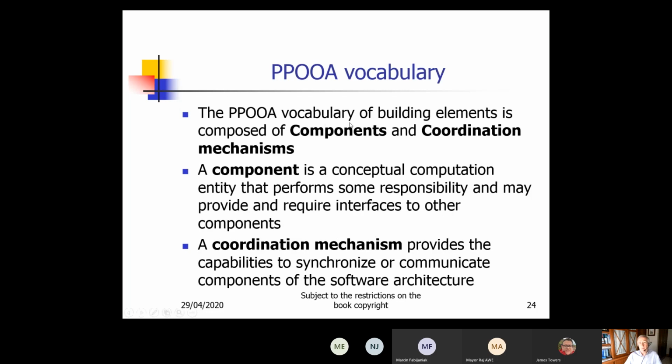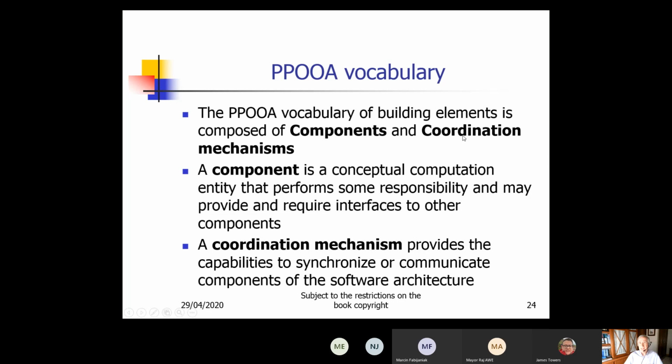In the vocabulary of PPOOA, we have components and coordination mechanisms. Components are, for example, domain components, structure components, and processes. For processes, we have periodic processes, implemented as processes that are repeated in time in the software.